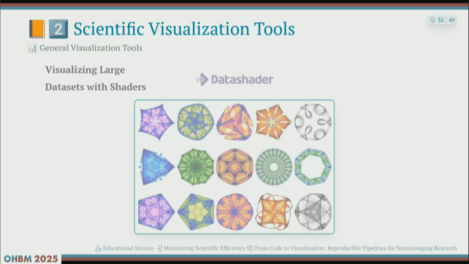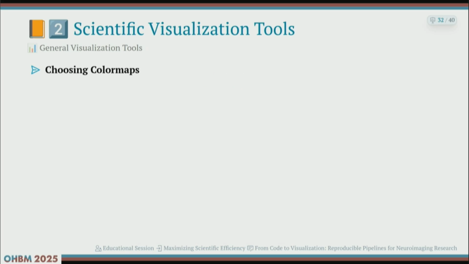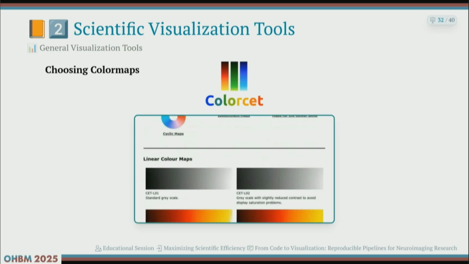Then there's the concept of using the right color maps, and if you're looking for a library that gives you a more extensive range of color maps than what is provided in tools like Matplotlib, I would encourage you to check out Colorcet. It's got tons of color maps that are perceptually uniform.